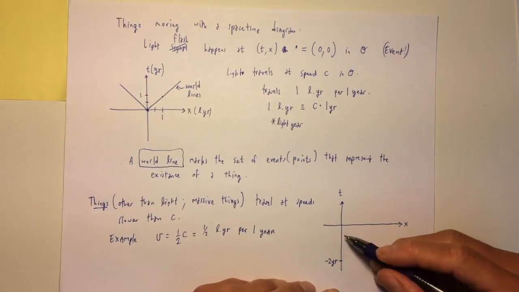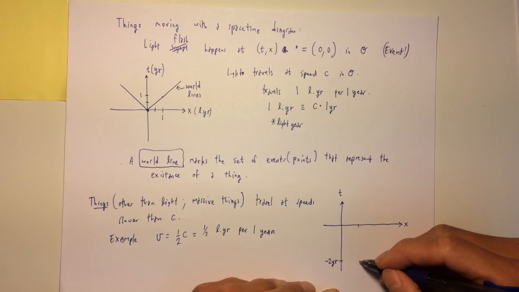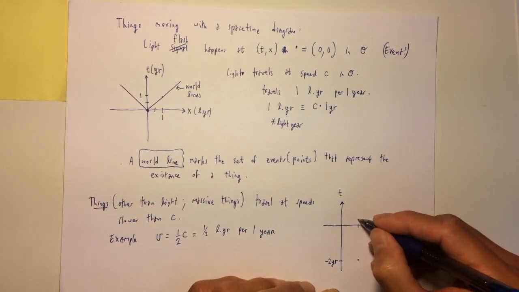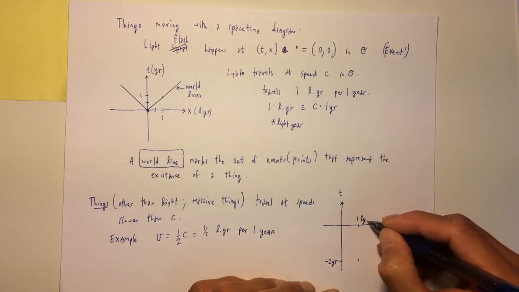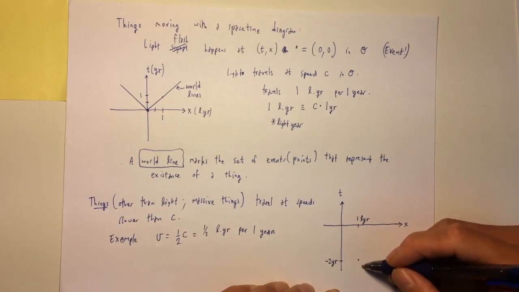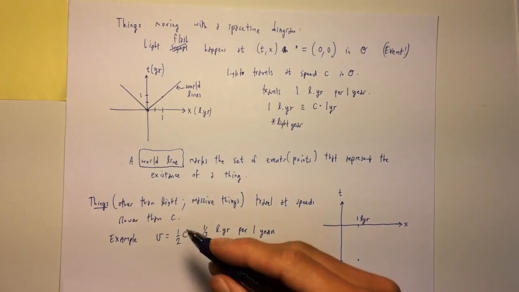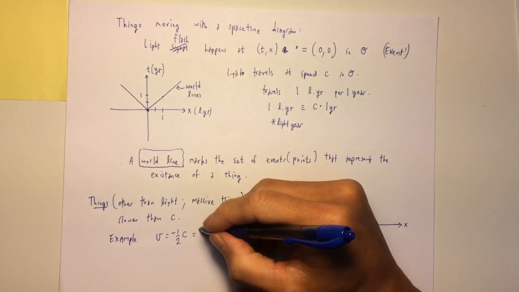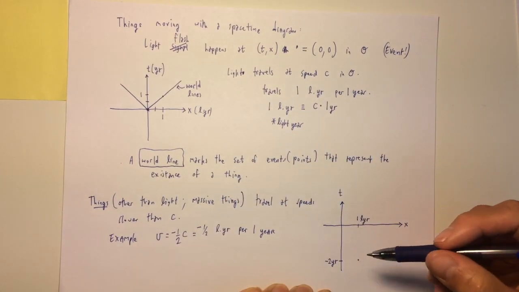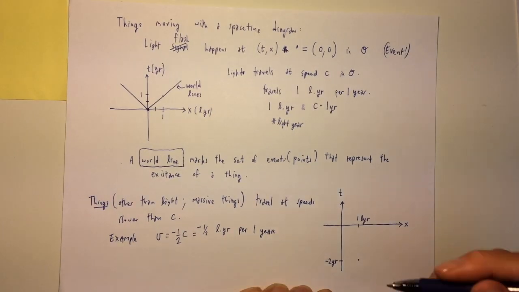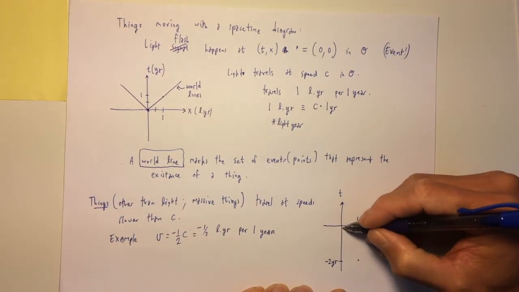So at -2 years ago, but at 1 light year in the positive x direction, this marks the first time that we keep track of an object that moves at negative half of c. So it moves a displacement towards the left of half a light year per 1 year. And so what that looks like is this is the world line of it.